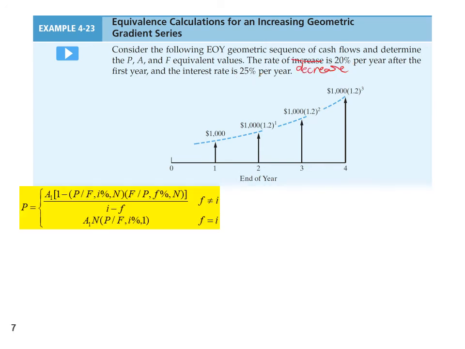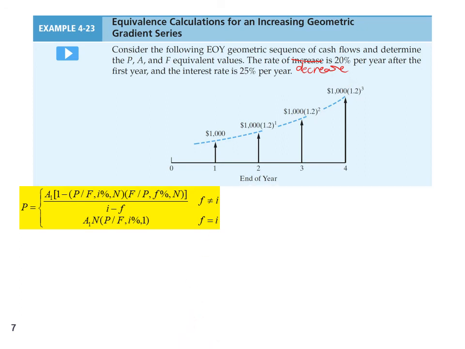Now let's consider the same example, but this time let's assume that the cash flows do not increase, but are decreasing at a rate of 20%. So what would happen?